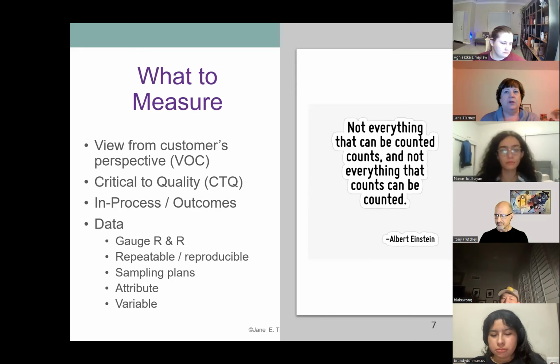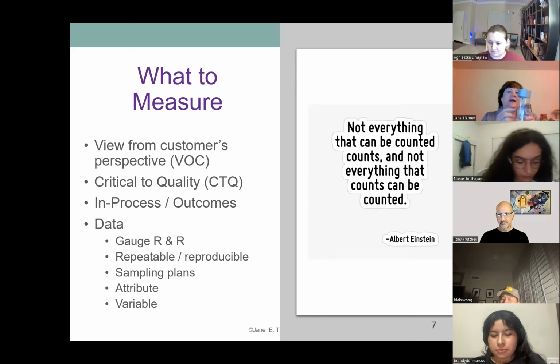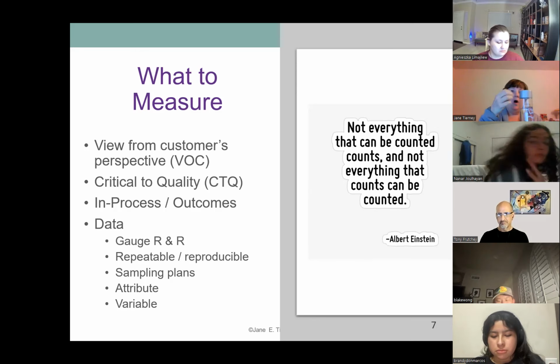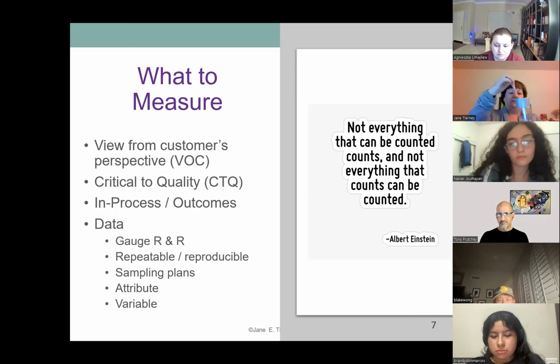So sometimes we would like to measure the inside diameter of this bottle. Now we can measure that, but it's harder to do, right? Because you'd have to put something inside the bottle that would expand so that you could measure the inner diameter of that.